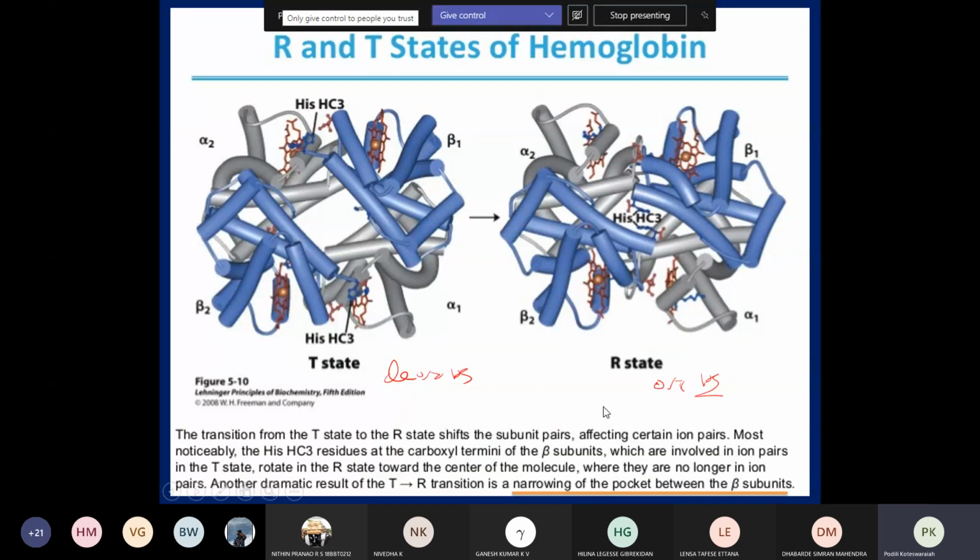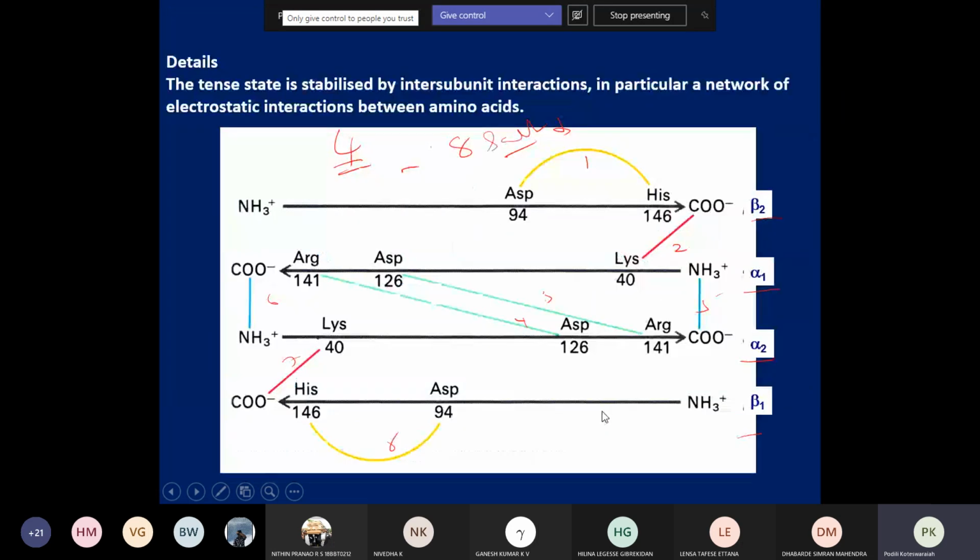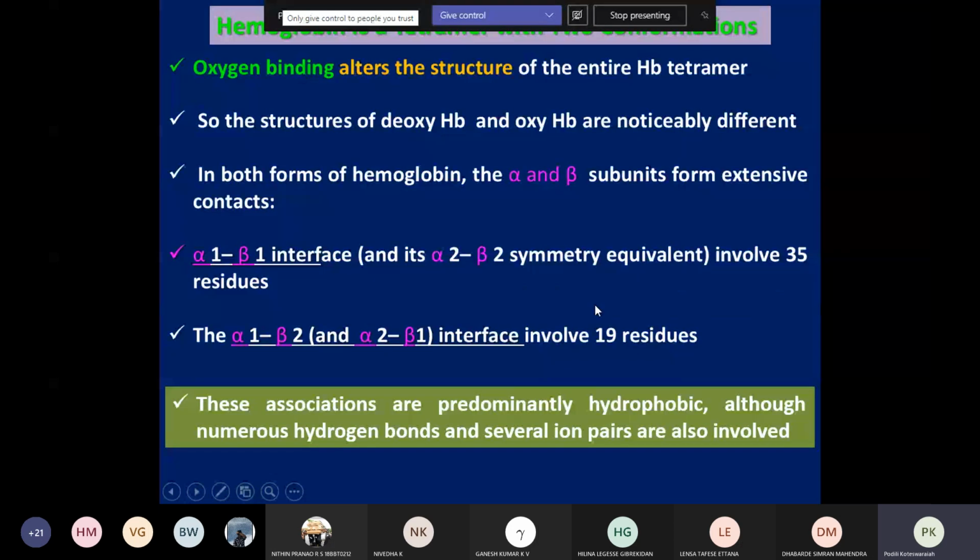As I already said, in the deoxygenated state all the subunits are stabilized by many ionic interactions, the salt bridges. Since all the subunits are stabilized by these inter-subunit ionic bonds, the T state is also known as the tense state.